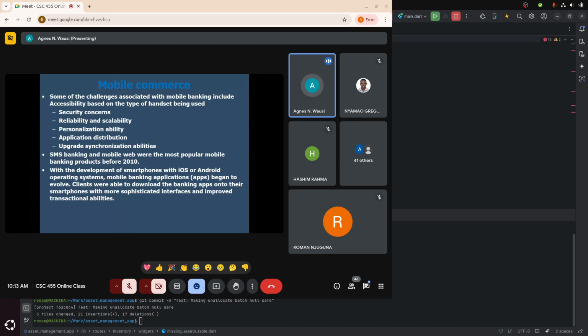Application distribution, most of it is on the Google Play Store. Sometimes you go there, you download, you update from there. But if your phone cannot get there, then it means you can't get access. Yeah, and of course, being able to upgrade. You don't want to upgrade and then you can't access the service.